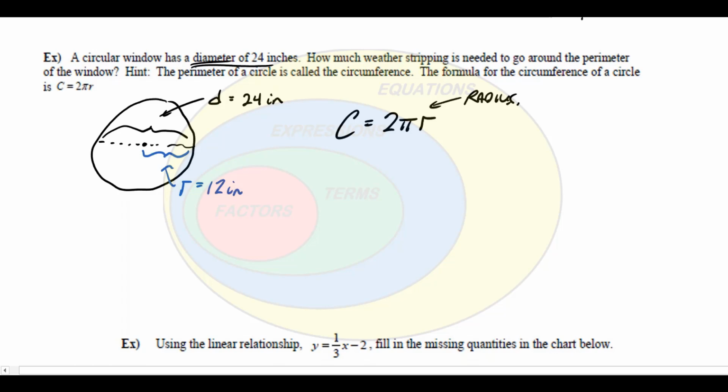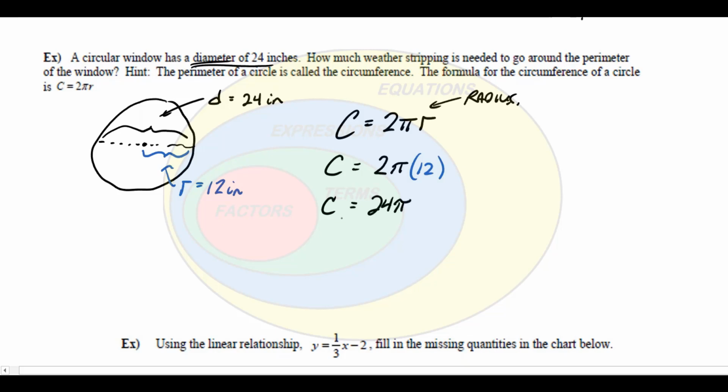All right, so to find the circumference, I'm just going to plug in 2 and then pi and then r, which is times 12. Now, the answer then, and this is pretty easy to calculate, I could leave in terms of pi, C equals 24 pi.